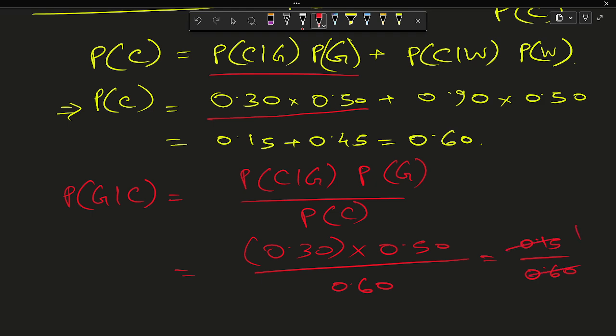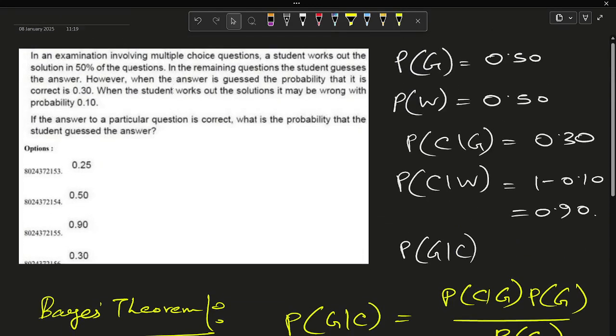This is 1 by 4, and 1 by 4 can be written as 0.25. So this is the correct answer of this question.